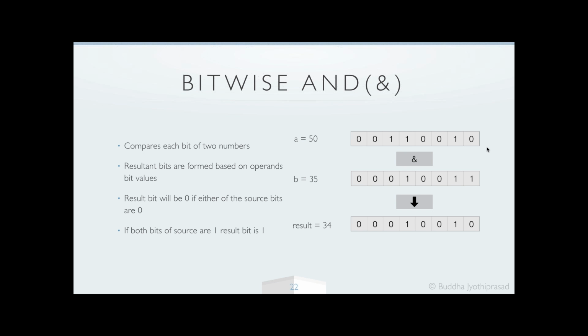And then how the bitwise AND operator works is it compares these bits, because one of them is 0, it returns a 0, and then it compares these two, because both are 1, it results in 1, and then 0, 0, and it goes on until it finds both ones and puts a one there. So this is how the AND operation works. The resultant binary number will be 00100010. So the resultant value is 34.